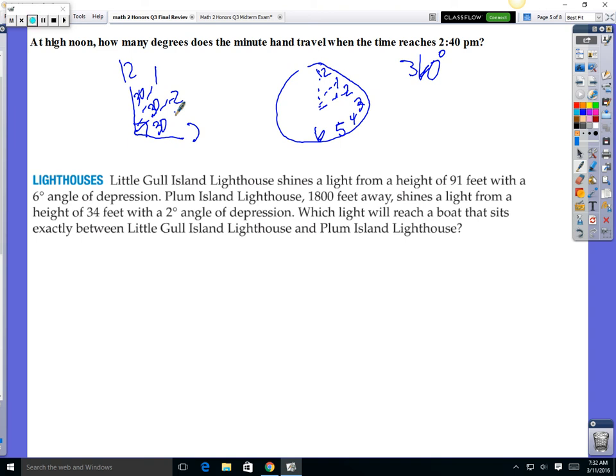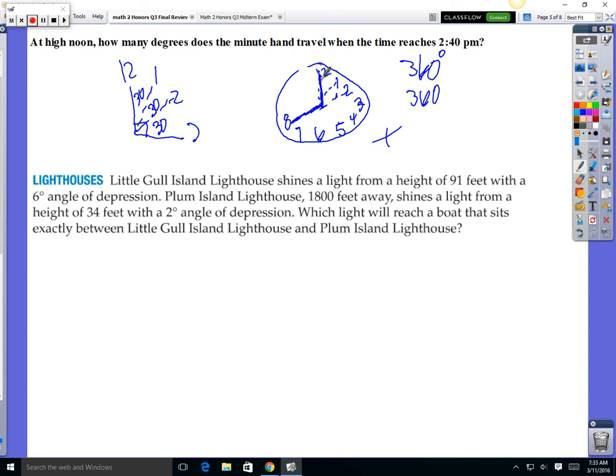So where do we gotta go? We gotta go to 240. So 240, that's gonna be over here. Alright, so 12 noon to 2 p.m. is gonna spin 2 times, 2 hours. So I gotta do 360 plus 360. Now I gotta do 40, and 40 is going to be right here to the 8.